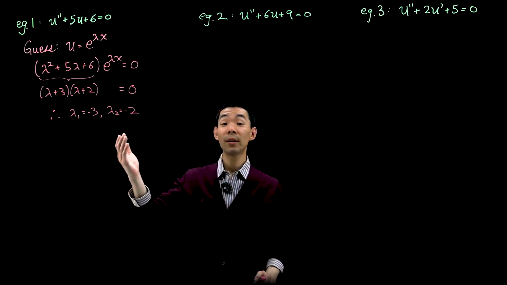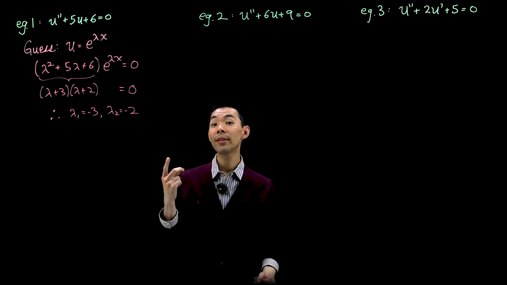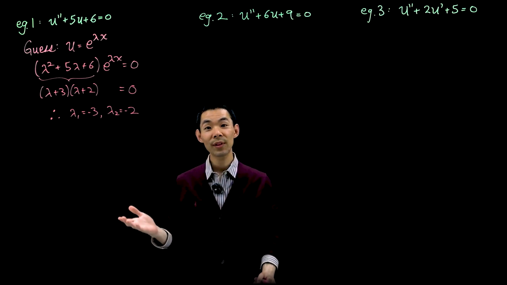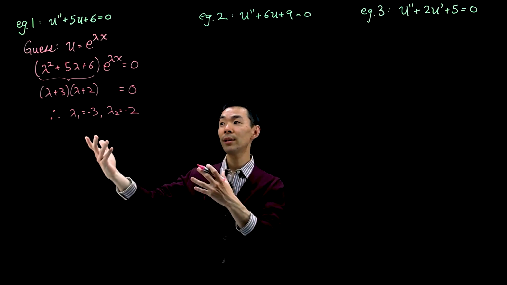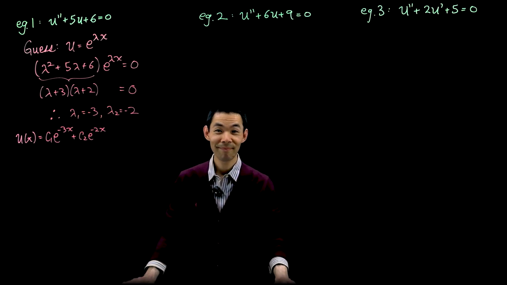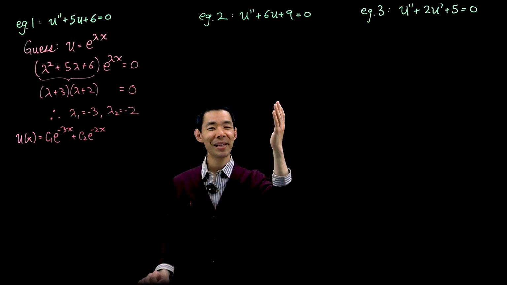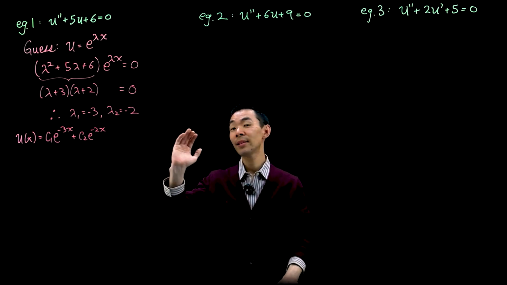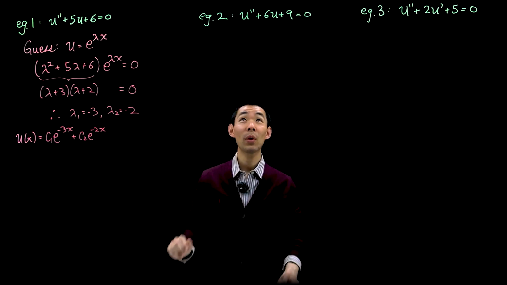And because the roots are distinct and they're real, that's the first case where the solutions are simply e raised to each of these exponents. Just like that. All right, let's move on to the second example. Same thing. This time I'm just going to jump right to the characteristic equation.